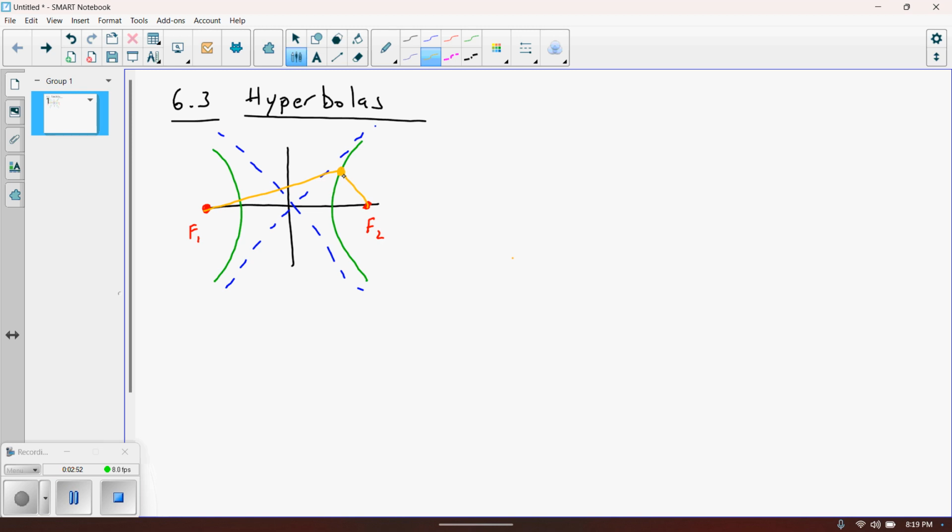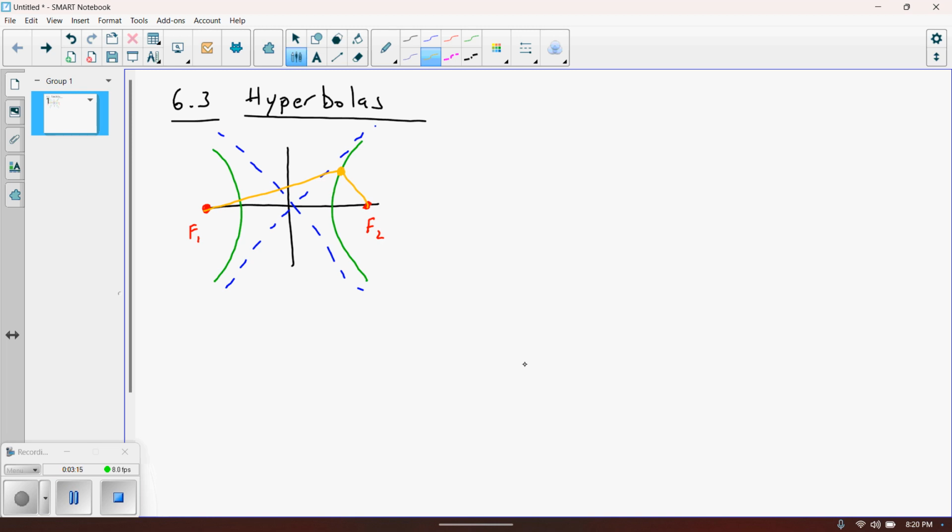Obviously it's the bigger one minus the smaller one, but every single point will have exactly the same difference between those two distances.